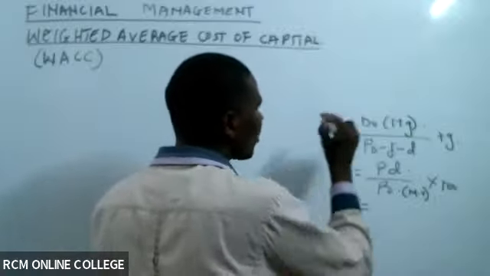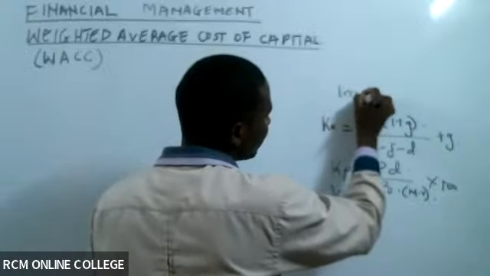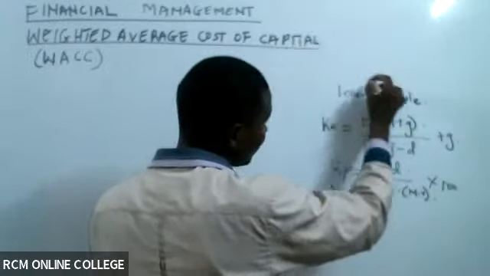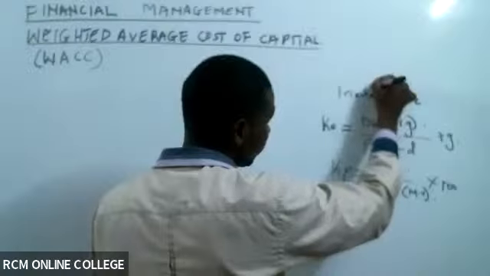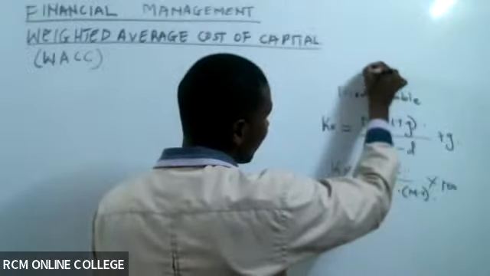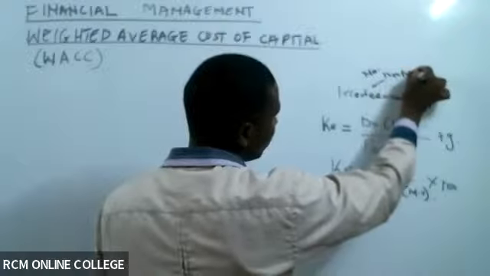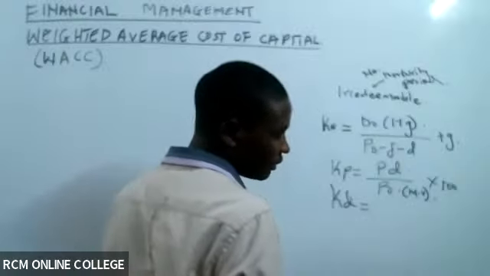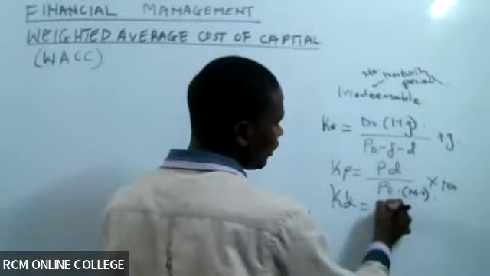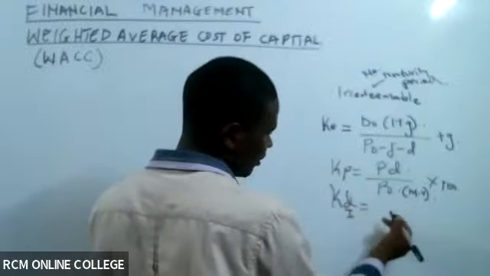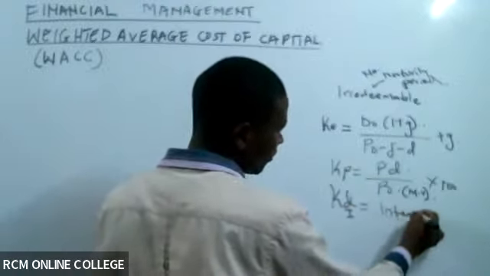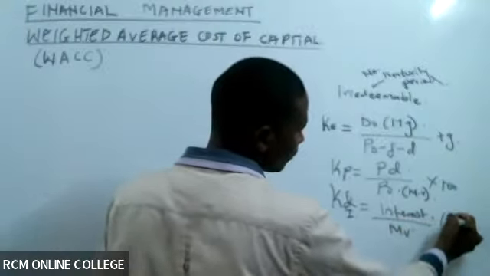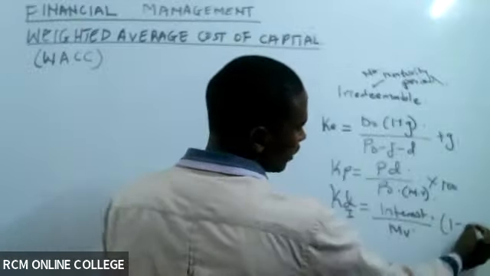Irredeemable debt is debt that has no maturity period, and therefore it's given by interest divided by market value or P0, and then you adjust for tax. That is for the cost of debt for the irredeemable.